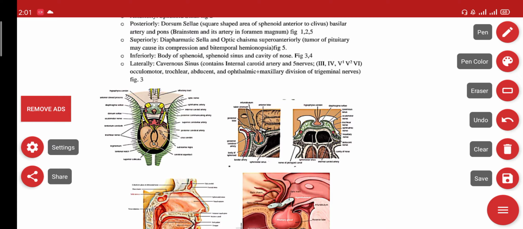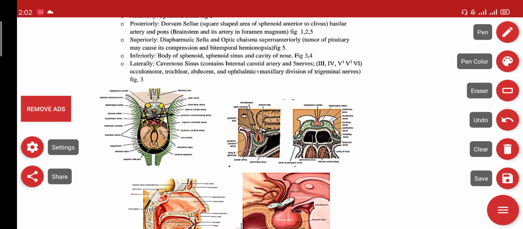So this is your pituitary lying over here, and then there is this square shaped area at the top, which is called your dorsum sella. Behind the dorsum sella is the clivus.